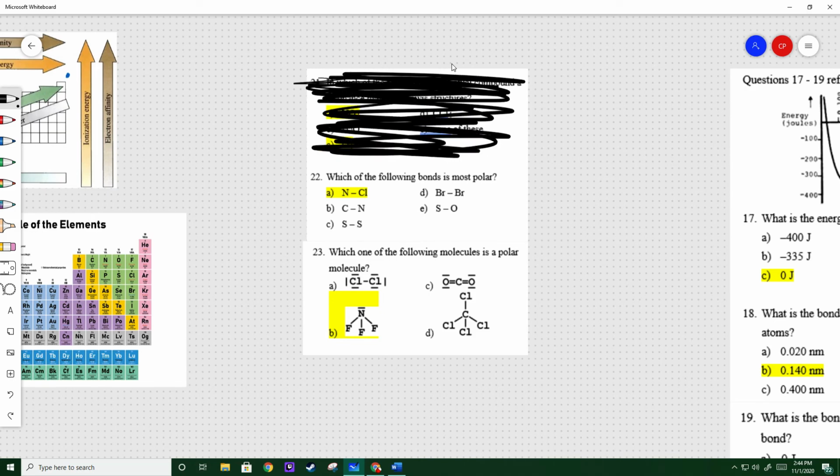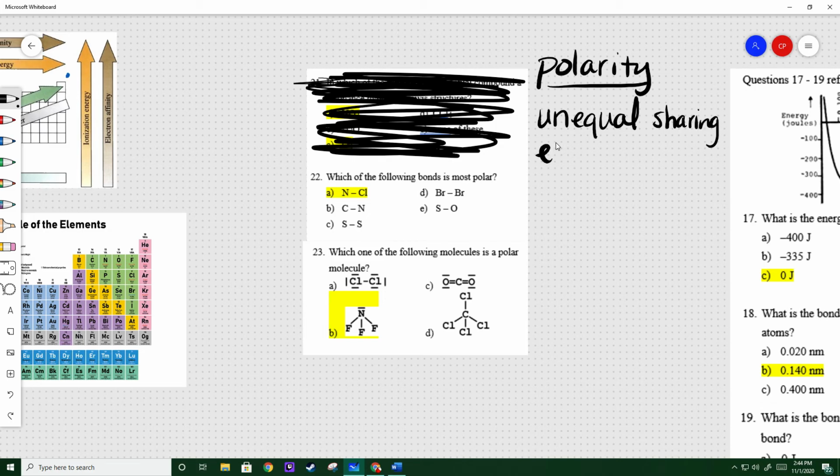I'll cover it right now. So it says, which of the following bonds is most polar? Remember, polarity happens when you have an unequal sharing of electrons. And we can find this out using electronegativity.